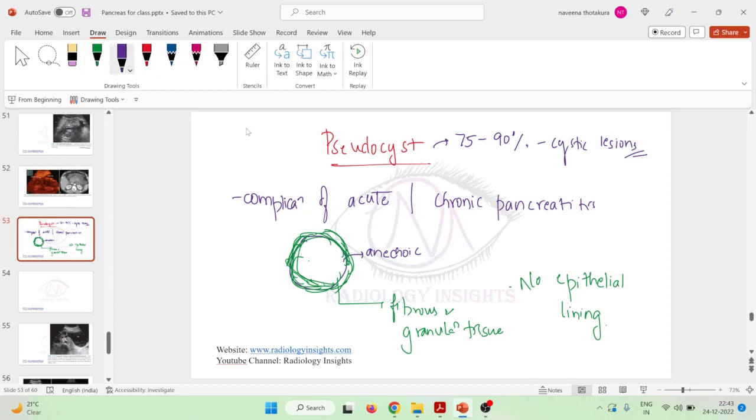The prevalence of pseudocyst is more common in chronic pancreatitis, where almost 20 to 40% of patients might present with pseudocyst, whereas the incidence in acute pancreatitis ranges from 5 to 16%.